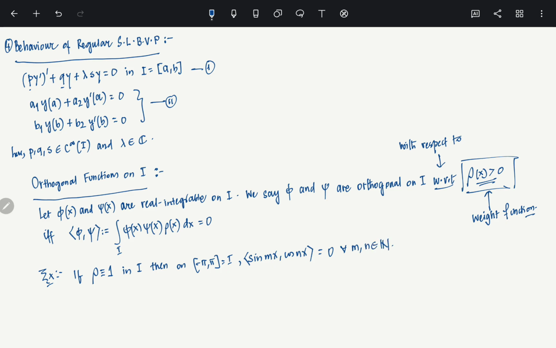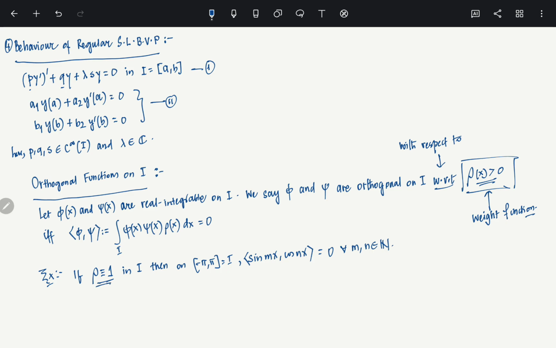Similarly you can talk about sin nx and sin mx, that is going to be 0 for m not equal to n. You remember we talked about it. So these are the examples. They are orthogonal to each other provided the weight function rho is 1.